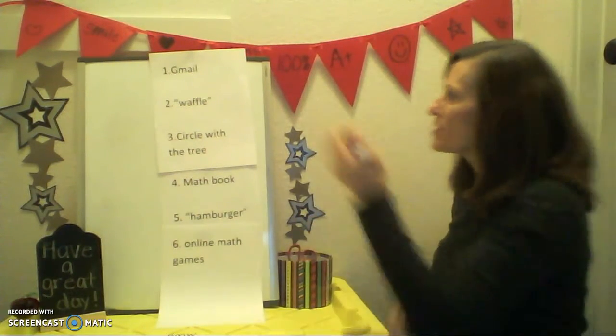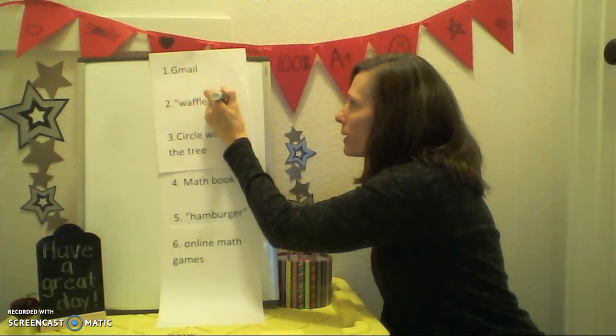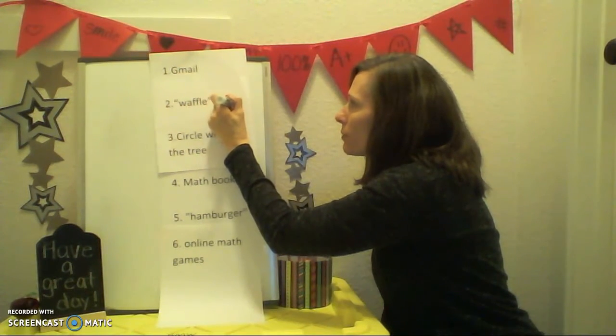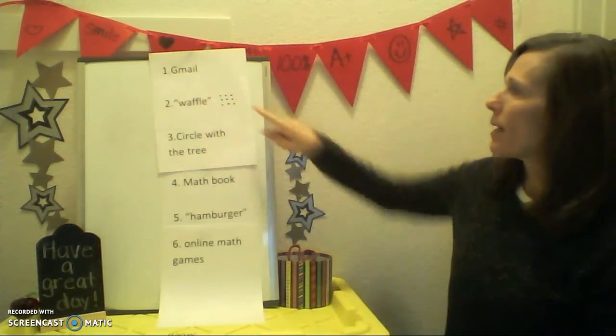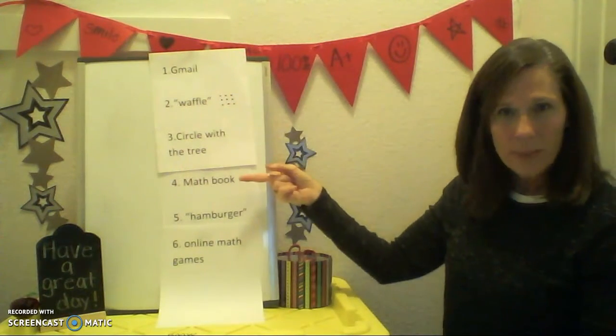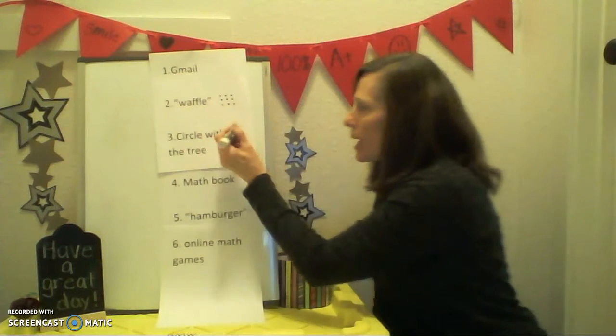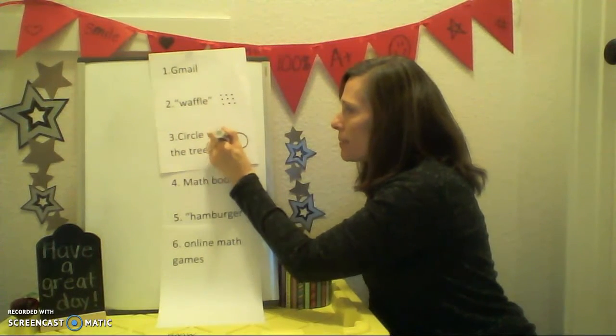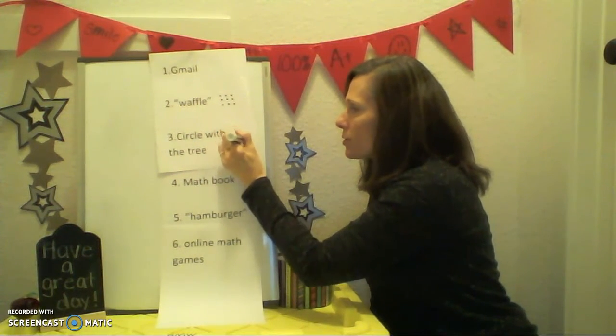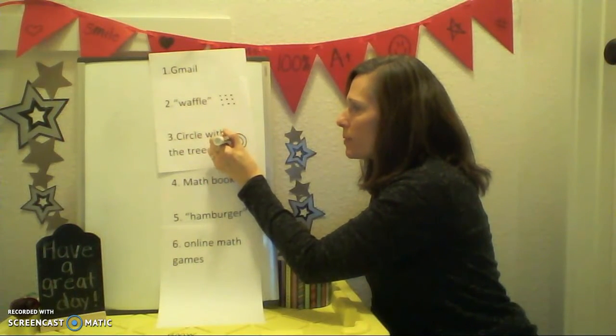And the waffle is really just, you know, like 6 little dots in the corner, right? We call it a waffle, right? Then whenever you hit the waffle, there'll be a drop down, and there will be a circle. You might have to hit more, right? There'll be a circle, and it's the school website, and there'll be a little tree on there, right? So you hit the circle with the tree.